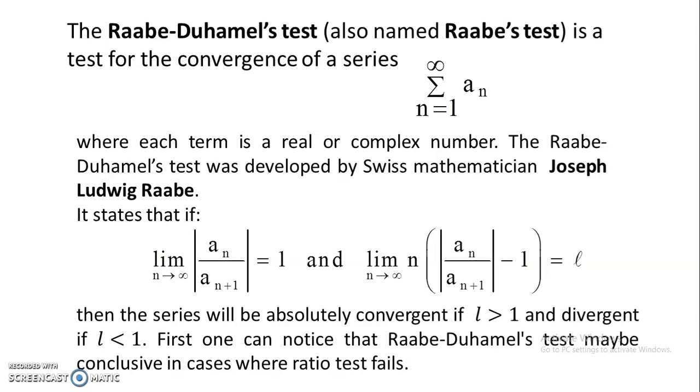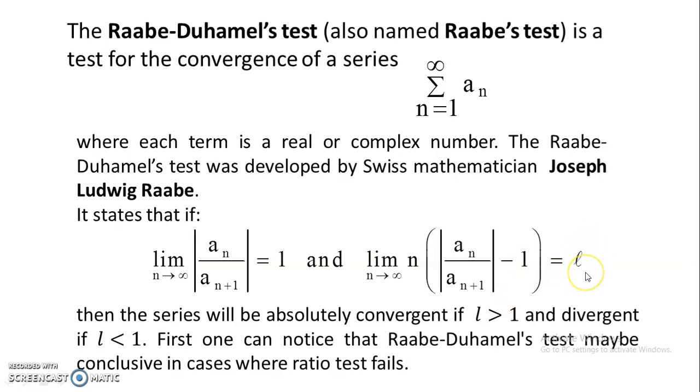1832. It states that if the limit as n approaches infinity of the modulus of aₙ by aₙ₊₁ is 1, and if the limit as n approaches infinity of n times (modulus of aₙ by aₙ₊₁ minus 1) is L, then the series will be absolutely convergent if this limit L is greater than 1, and divergent if L is less than 1.